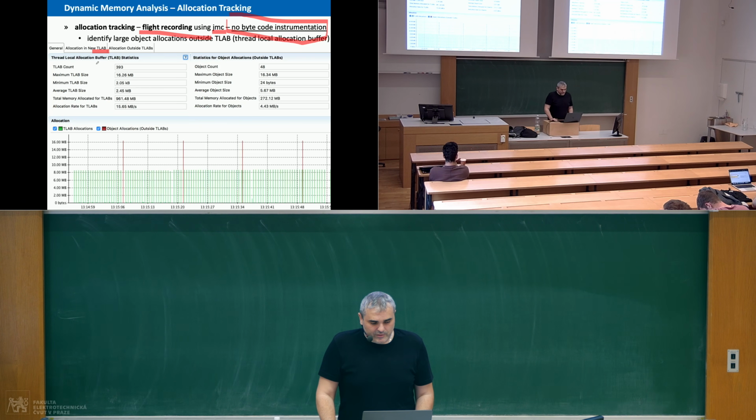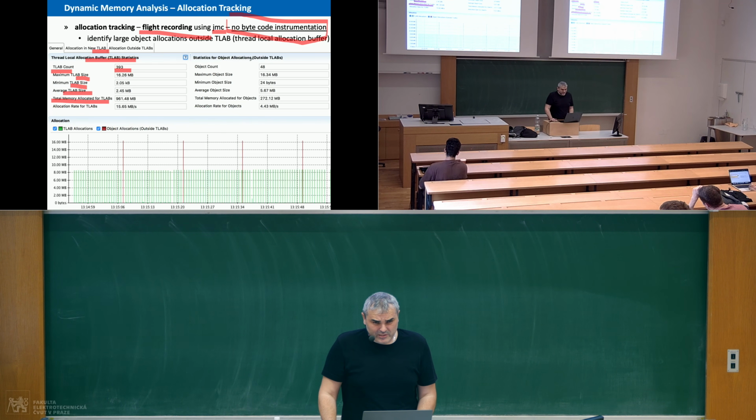So here you can see the output of such a flight recording of the JMC tool on some testing application. You can see that there were almost 400 TLAB allocations. The size of that TLAB is dynamic, so there is some minimum, some maximum, some average. You can see how many total thread allocation buffers were created. You see here almost 1 gigabyte.